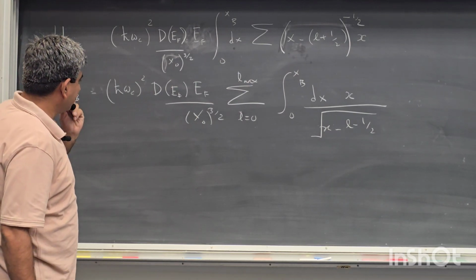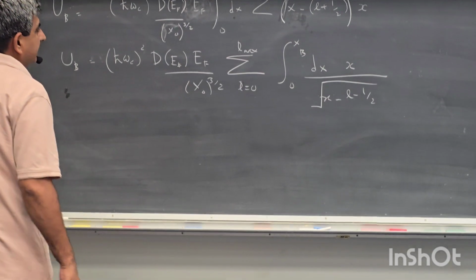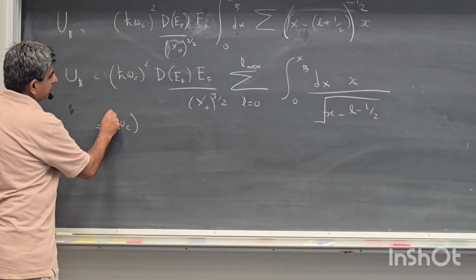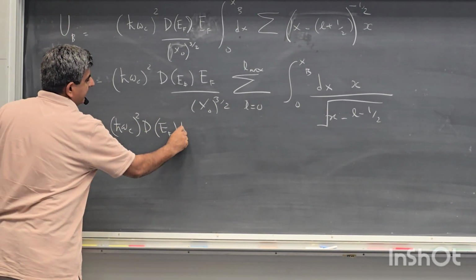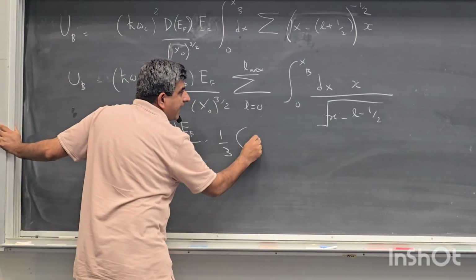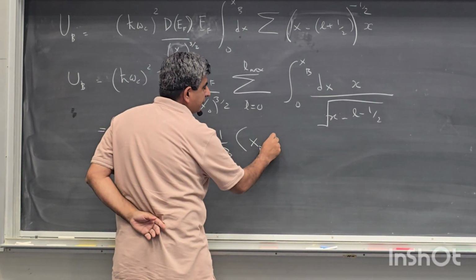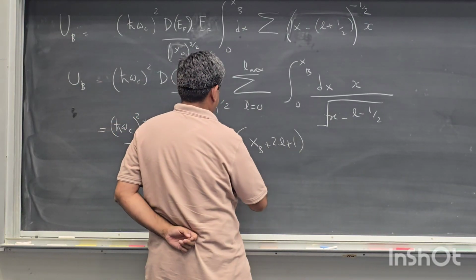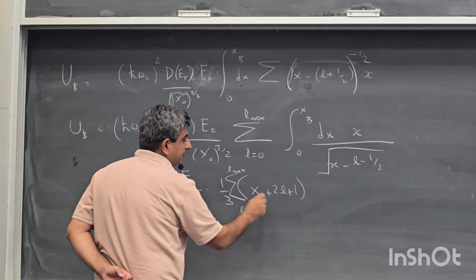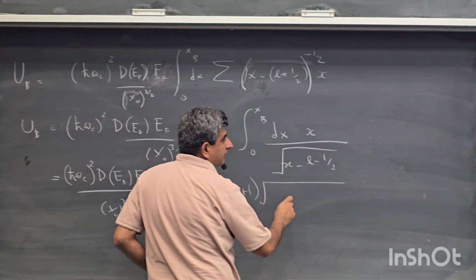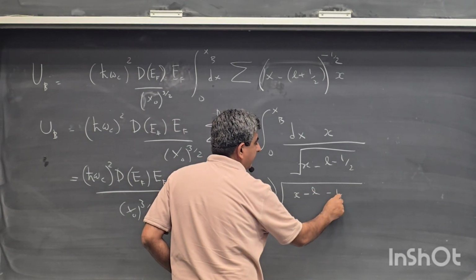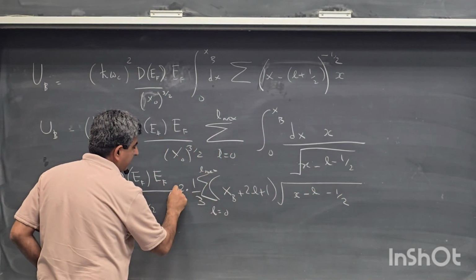Okay, so if I calculate this UB, this expression is over there, so this becomes h bar omega c whole square def ef x naught 3 by 2, 1 by 3, xb plus 2l plus 1, and I'm summing over l's, of course, I shouldn't forget that, L max, square root of x minus L minus half, and an additional factor of 2, which I've just taken as common.